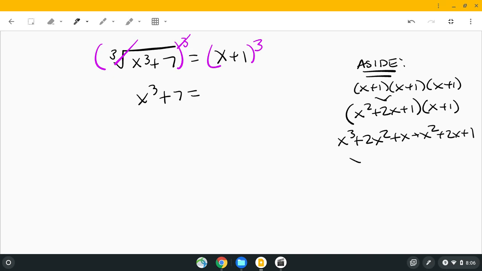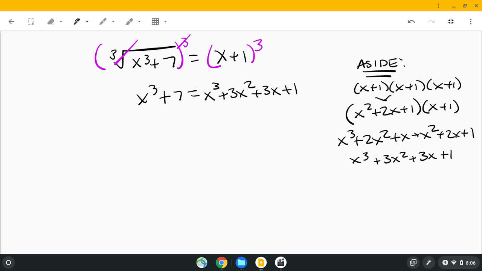Then combine like terms, so I get x cubed plus 3x squared plus 3x plus 1. That's what we get on the right side, so let me write that down: x cubed plus 3x squared plus 3x plus 1.